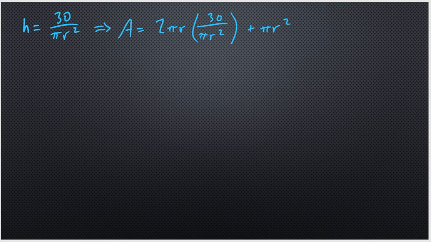So we're left with 2 times 30, or 60, divided by r, and then plus pi r squared. We now have this in terms of one variable. We take the derivative, we set it equal to 0, and we're going to solve for our unknown r.